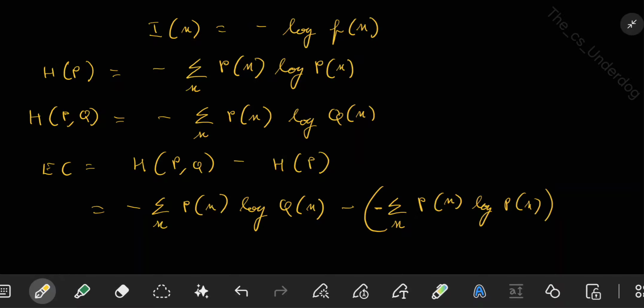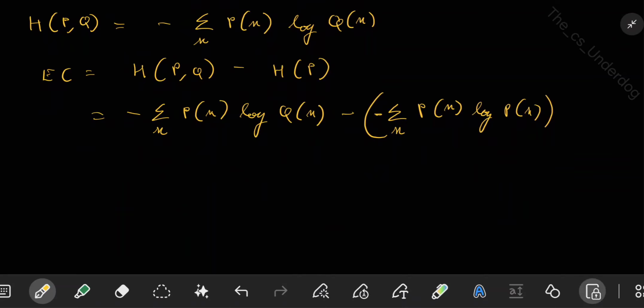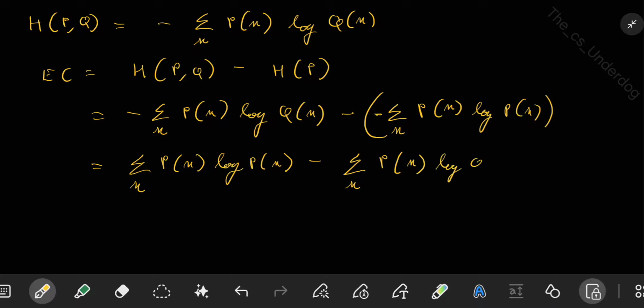What happens now? When I rewrite this, I'm going to avoid this minus, because this minus and this minus becomes plus. So I'll write it in front: sum over all the x, P of x log P of x, minus sum over all the x P of x log Q of x.